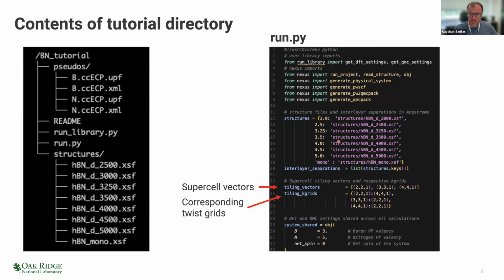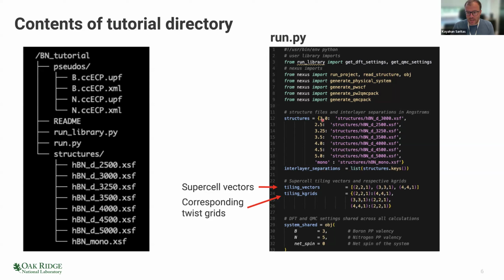And this is the first few lines of the run.py script. What we are doing is defining the structure dictionary, where the keys are the interlayer separations or the key indicating a monolayer calculation, and the values are the locations of the structure files.